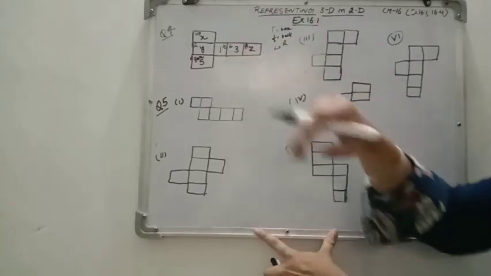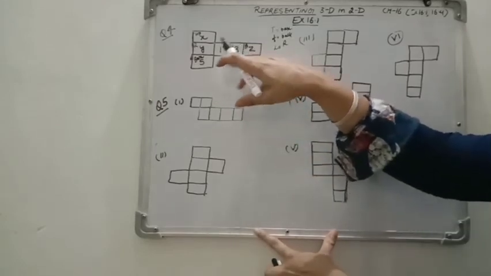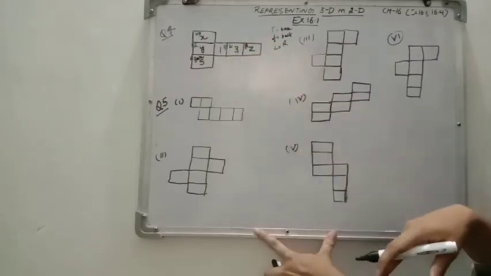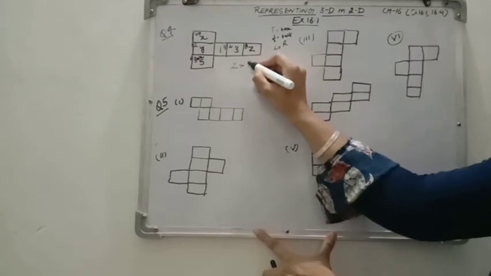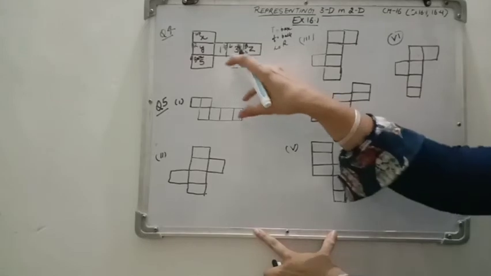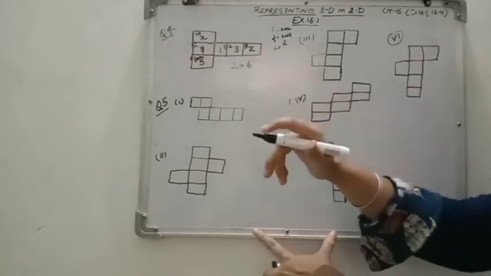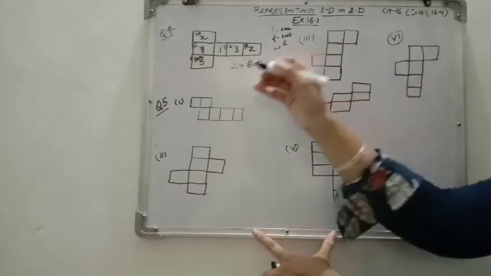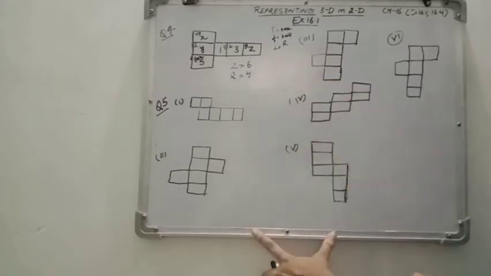Okay. If 1 is front, then what is at the back? Z. Meaning Z is equal to 6. 1 plus 6 is equal to 7. Okay. If 3 is left, what is right? Y. So what we have to add to 3 to get 7 is 4. So right becomes 4.